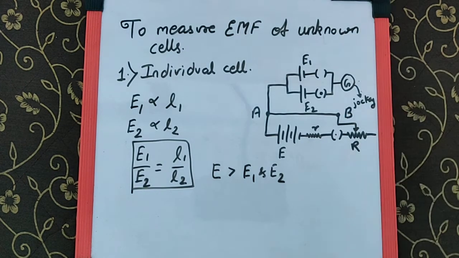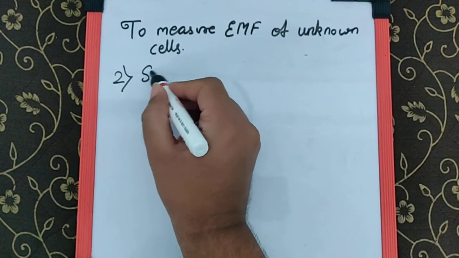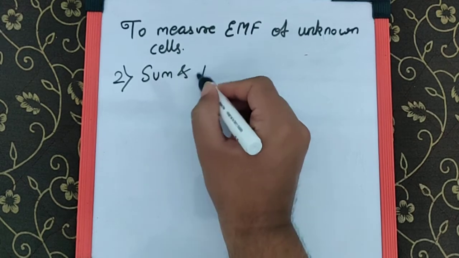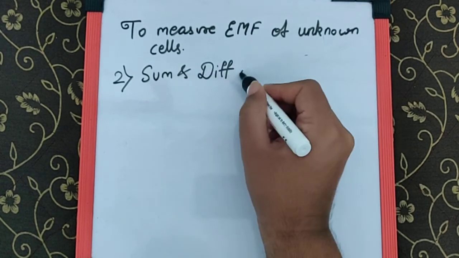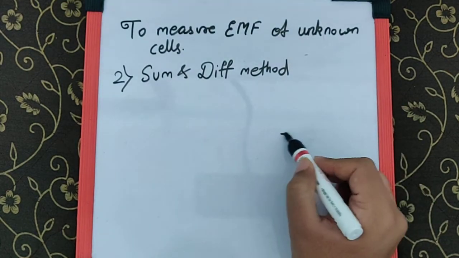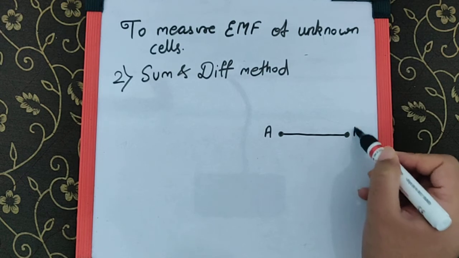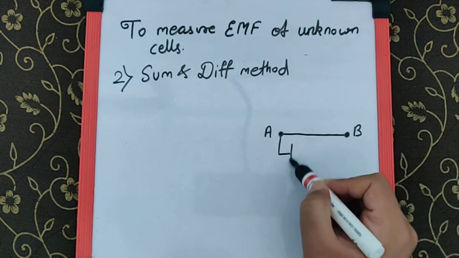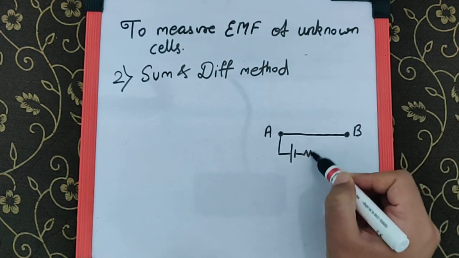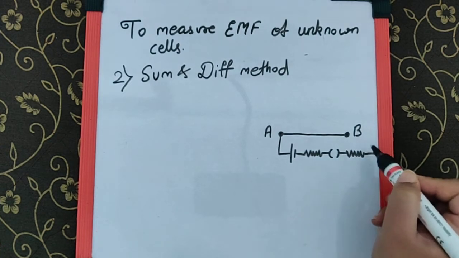Now, if we go for the second method, the name of the second method is sum and difference method. So, let's again draw the potentiometer circuit, wire AB with the main cell, its internal resistance, a key and a rheostat.